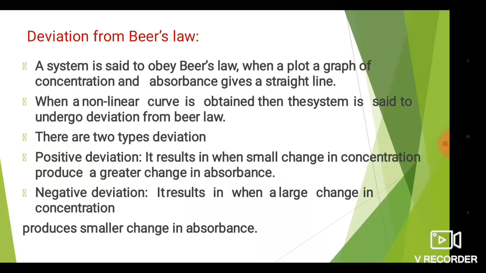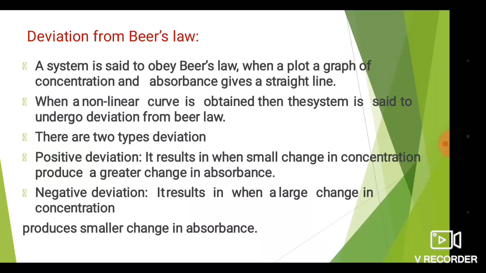A system is said to obey Beer's law when a plot of concentration versus absorbance gives a straight line. As you know, in Beer's law, when we plot absorbance versus concentration, we get a straight line passing through the origin.